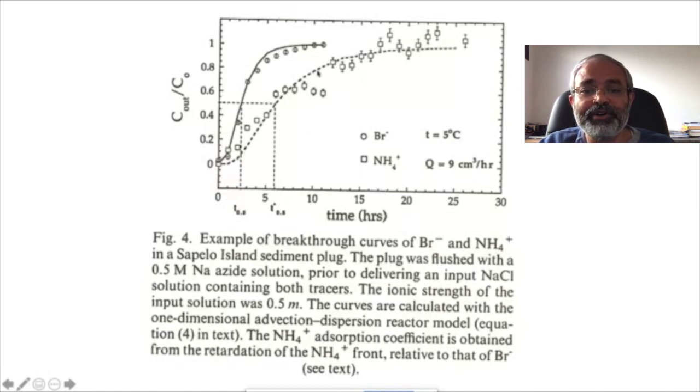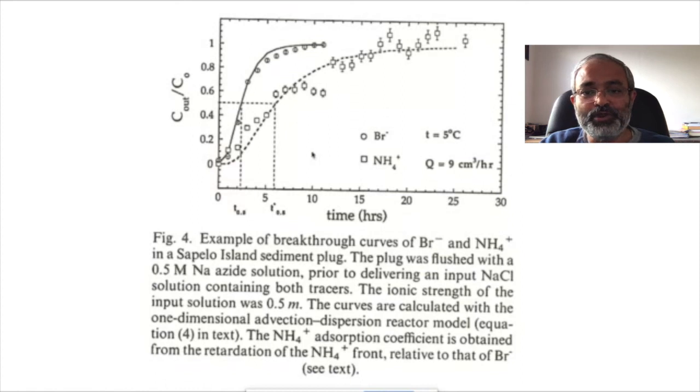One is for your ion that is being adsorbed and one for the ion that is non-reactive. Obviously the non-reactive ion will come out first because it is not getting involved in any other reaction, and the response of the reactive ion will be delayed because that ion is being adsorbed onto your sediments.